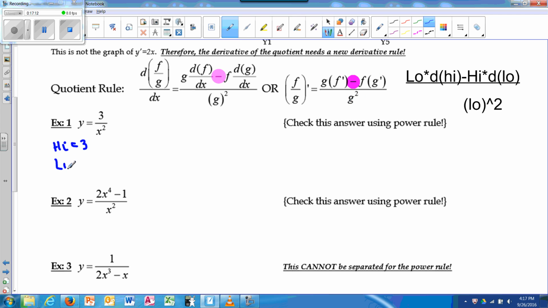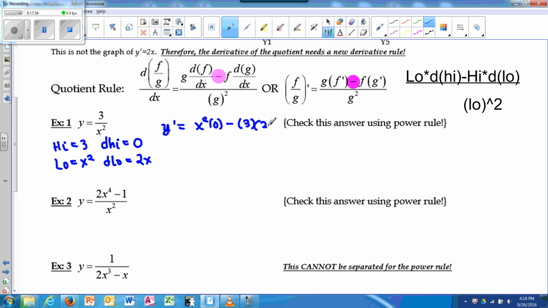Okay, so we're going to do a few of these and check with the power rule. So my high is 3. The low is x squared. The derivative of the high is 0. The derivative of the low is 2x.